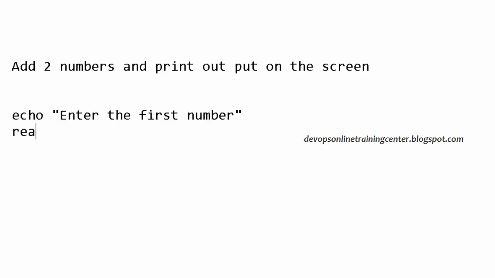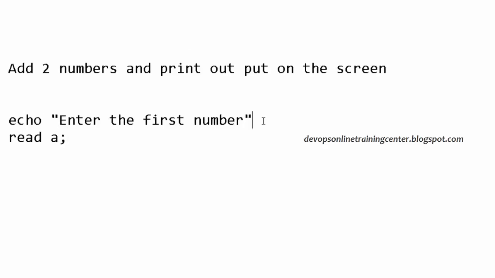So here in shell script it is called read. So simply read A, right? Generally by convention we close the statement with a semicolon indicating that the statement is completed. So echo enter the first number, read A. The value which the user enters from the keyboard will be stored in a variable called A. What is a variable? A variable is the one which stores a value, right?